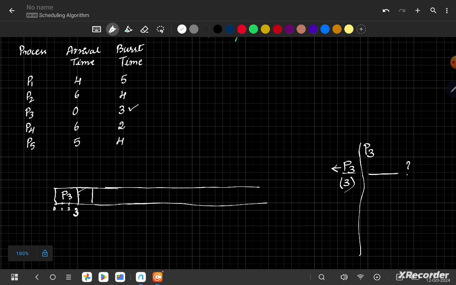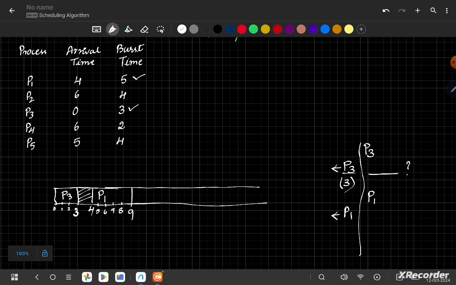Now during the 4th millisecond, a process called P1 comes into my ready queue. There is no other process, so I will be giving P1 to the CPU. So P1 goes inside the CPU. P1 has a task of 5 milliseconds, that is 4 to 5, 5 to 6, 6 to 7, 7 to 8, and 9.